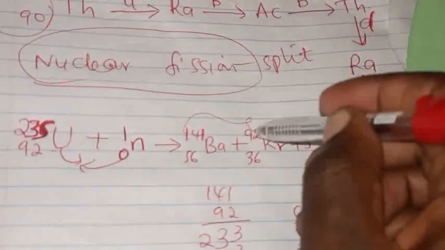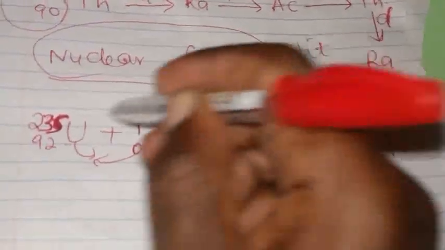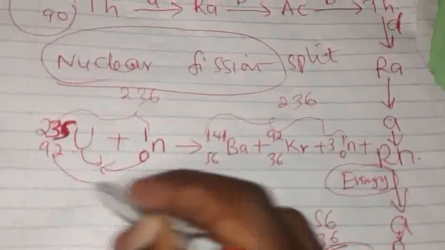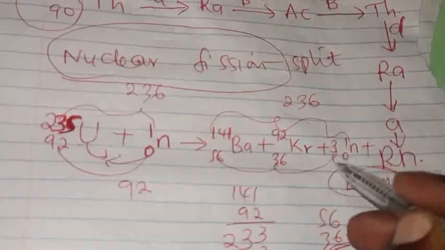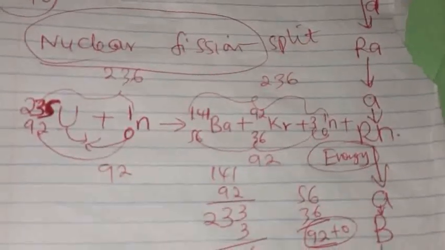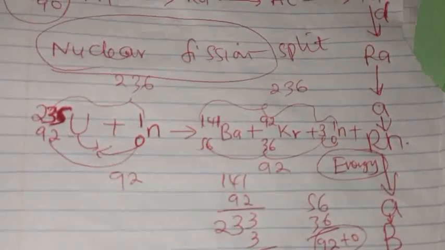So these 3 should give us 236, and these 2 should also give us 236. These 2 should give us 92, and these ones should also give us 92. That's nuclear fission.